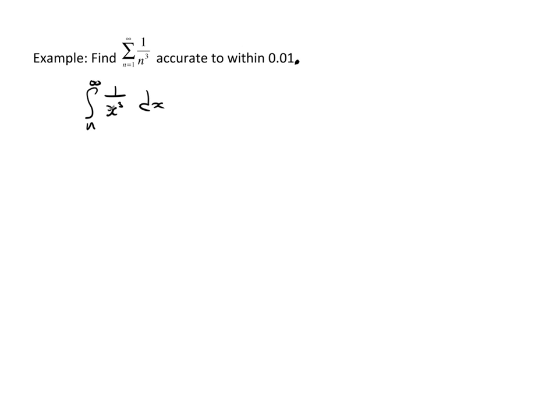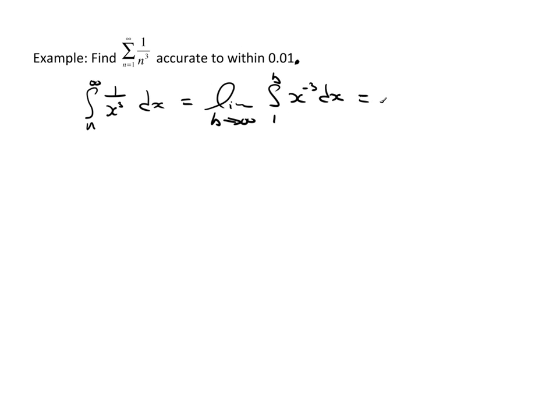So if I integrate this, again an improper integral, I need to take a look at the limit as b goes to infinity of the integral from 1 to b. I'm going to write this as x to the negative 3 dx, simply because it's set up nicely to take our antiderivative.